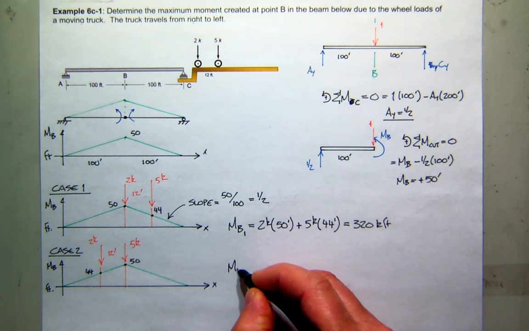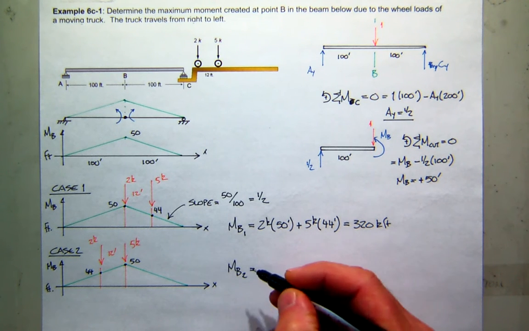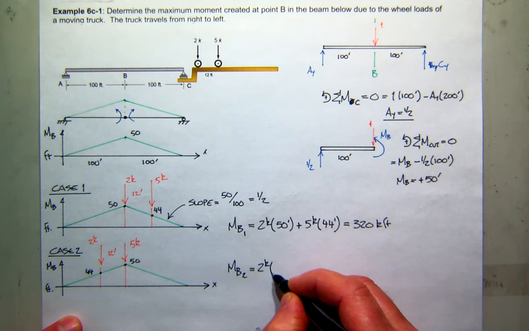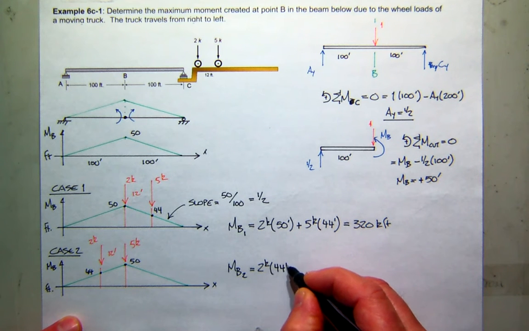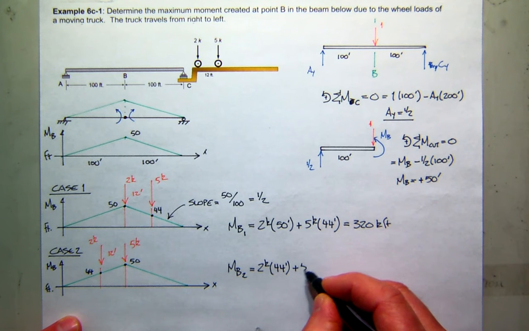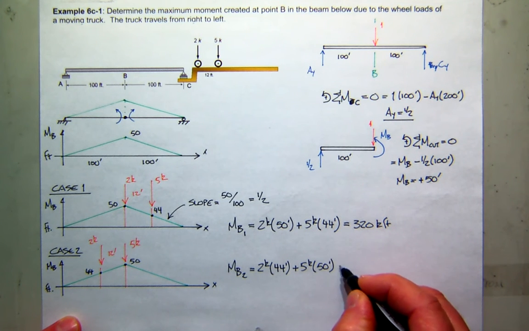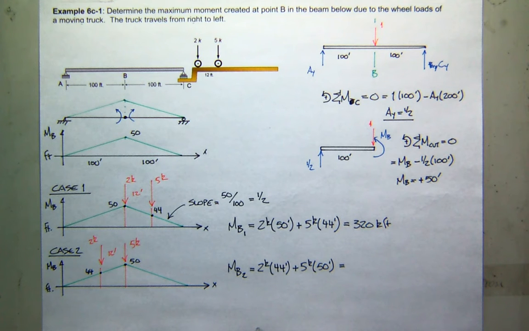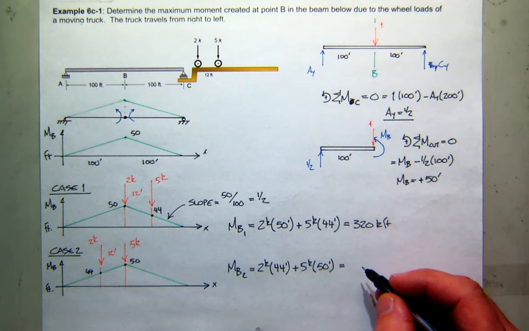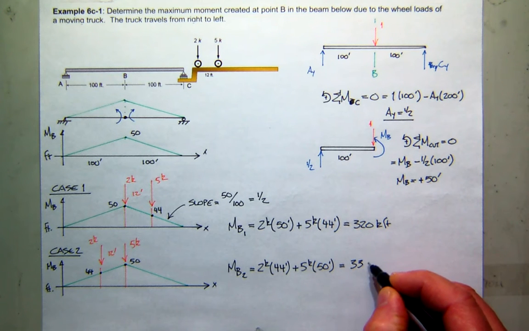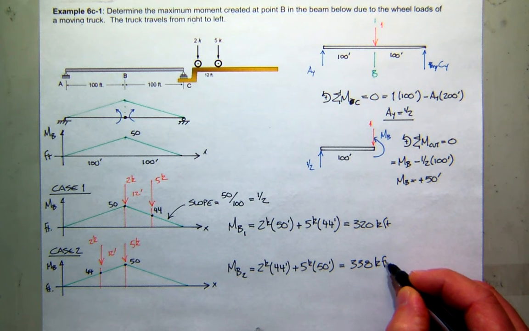So now my moment at B for case 2 will be 2 kips times 44 feet plus 5 kips times 50 feet. What's that? 338. Just a little bit more, but it is.